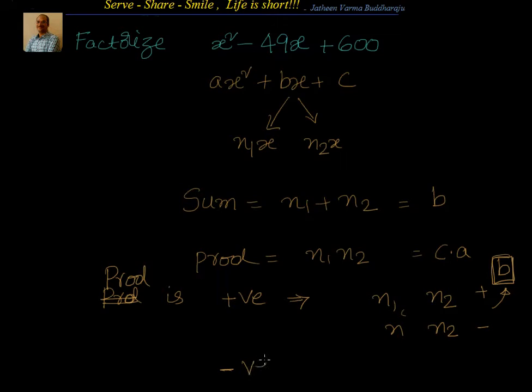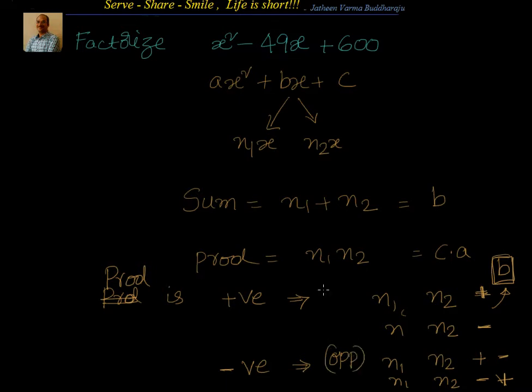The next case is the product is negative. Remember, whenever the product is positive, you have to add 2 numbers to get your b. If the product is negative, n1 and n2 are either plus and minus or minus and plus, so they are of opposite signs.